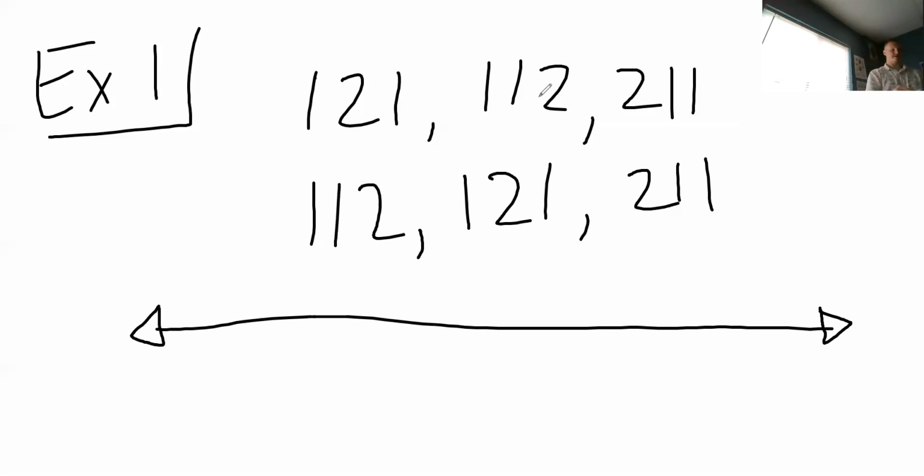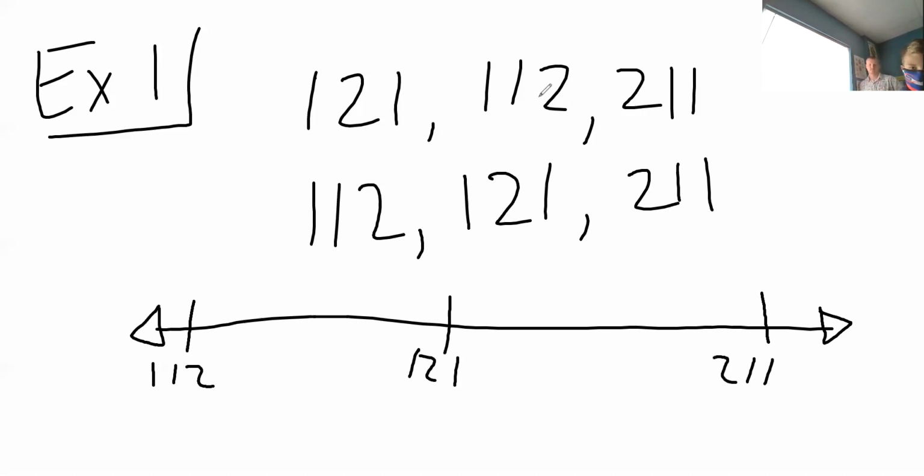All right, so use the back of this here and plot out those 3 points on the number line. What do all those tick marks in between stand for?